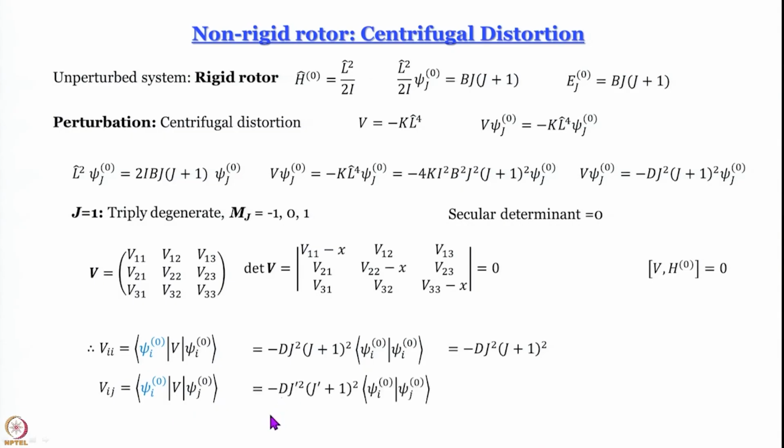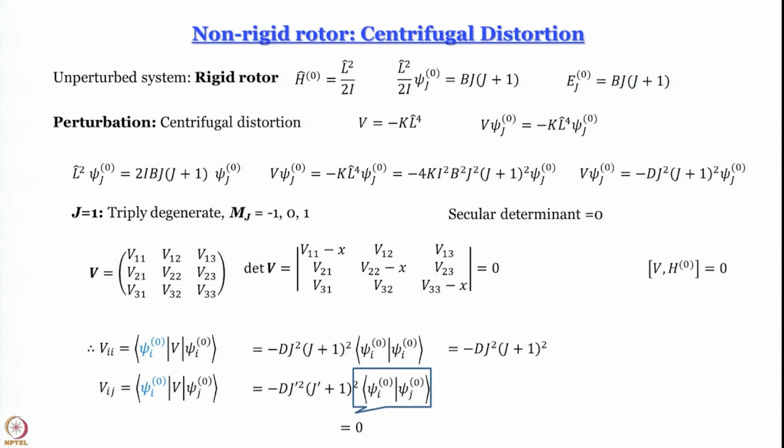That will give me similarly d, I have written j dash just to signify that this I and j are different, minus d j dash square multiplied by j dash plus 1 whole square multiplied by integral psi I 0th star psi j 0th over all space, and we know very well that these wave functions are orthonormal. So, this is going to be equal to 0. So, what we are saying is that Vij is equal to 0.